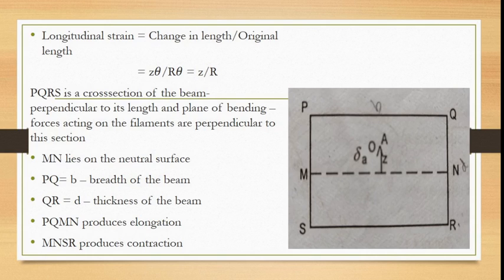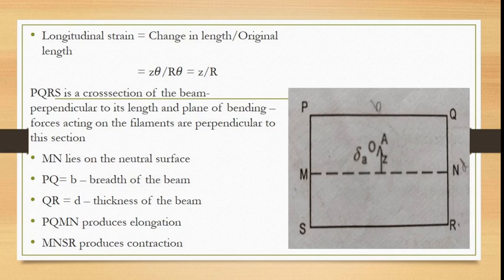Once again, we are taking a cross section of the beam, that is PQRS, so that PQ is the breadth of the beam and QR is the thickness D of the beam, and MN is the central line that lies on the neutral surface, which is neither elongated nor compressed, and the upper portion of MN is elongated and the lower portion is contracted.